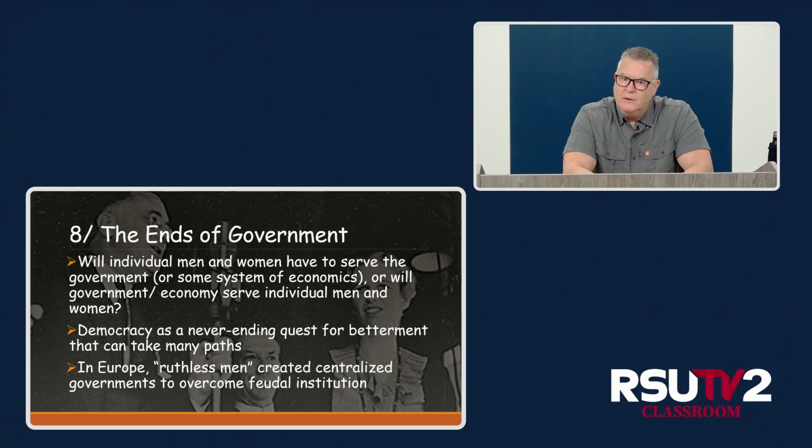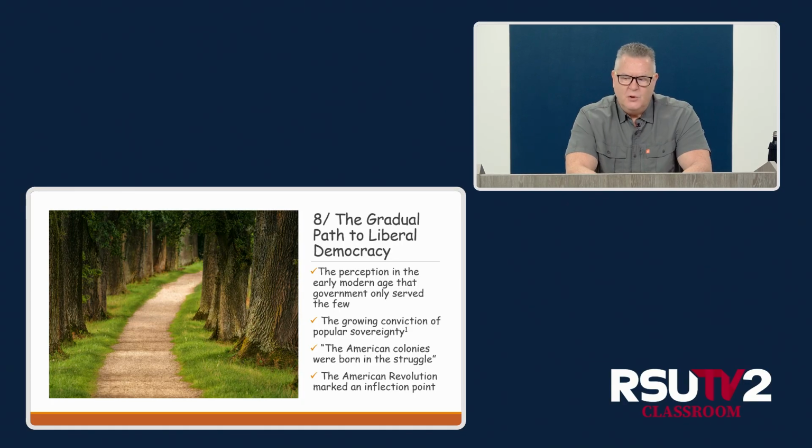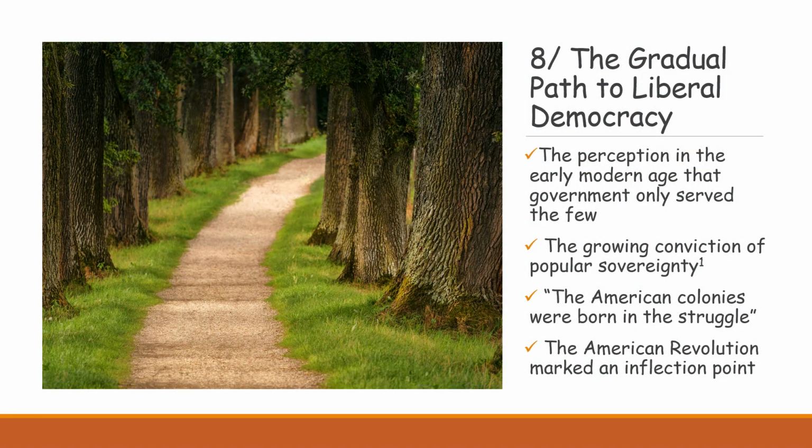He basically said those ruthless men, and I think he was using that gendered term deliberately, were not kind about it, and they didn't take much account of the needs and the wishes of the people that they were governing. So you had a gradual path to liberal democracy.